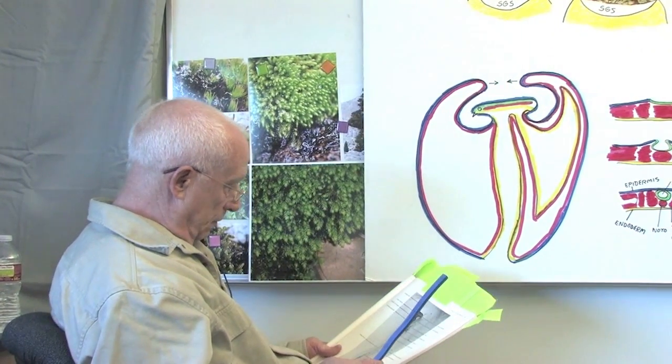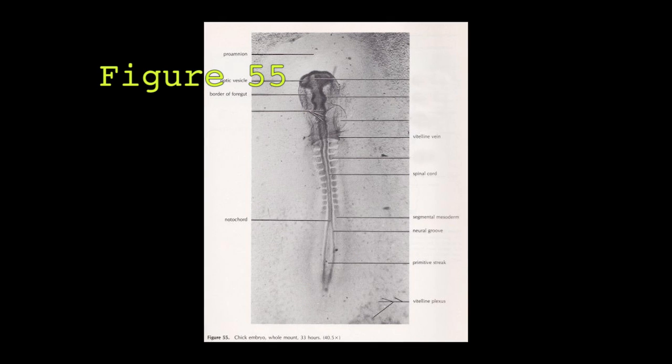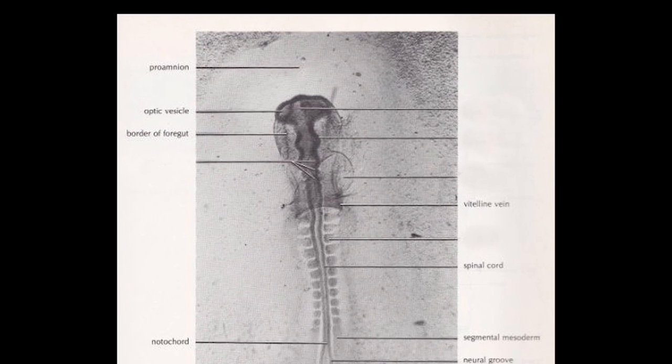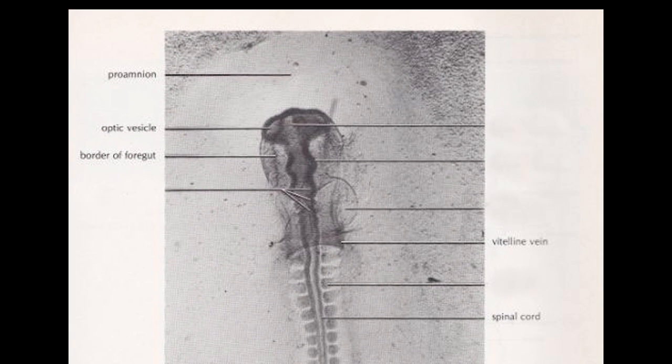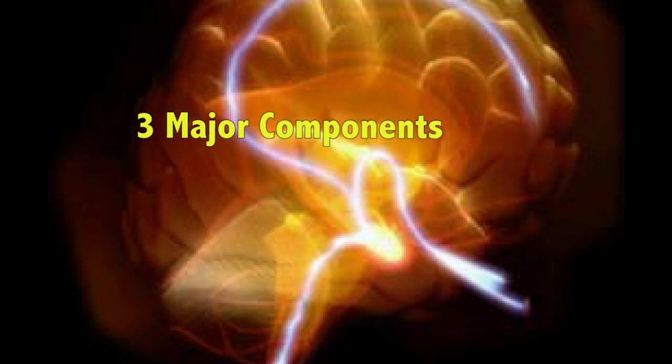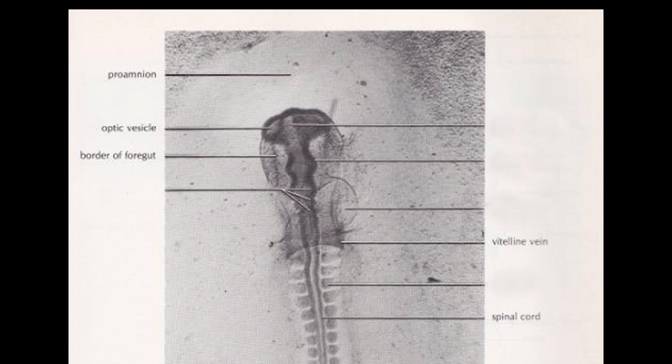And if we move on to figure number 55, which is a 33-hour chick, here you begin to see more differentiation. You begin to see the brain that has its three major components: prosencephalon, mesencephalon, rhombencephalon. Just like in the frog.